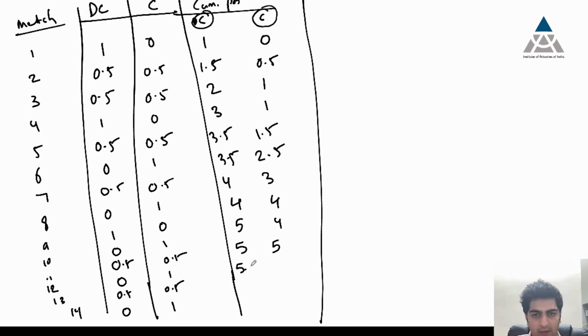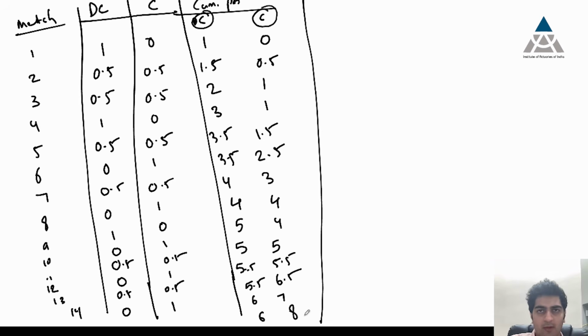They had a draw, so this was 5.5 5.5. Finally the challenger won again, so this was 5.5 6.5. Again they had a draw, so this was 6 and 7, and finally it was 6 to 8. So out of the 14 points, this was split as 6 and 8 between the defending champion and the challenger.